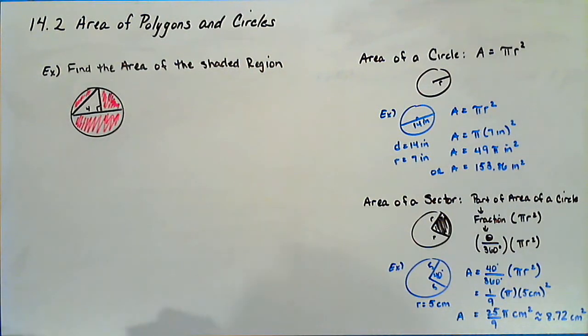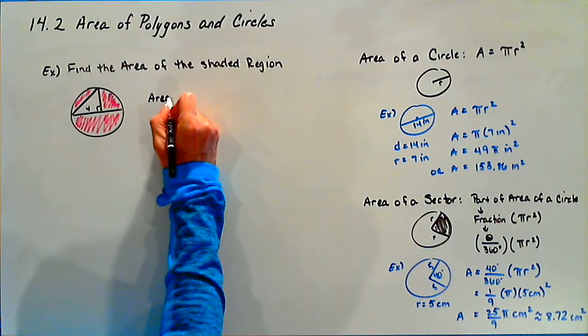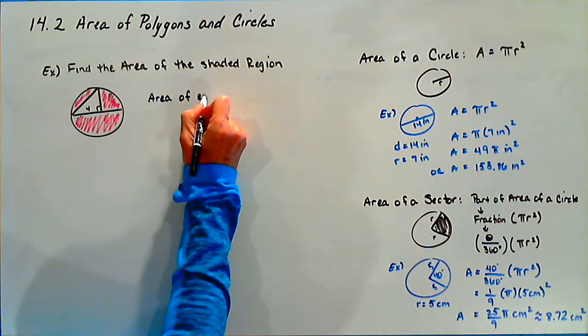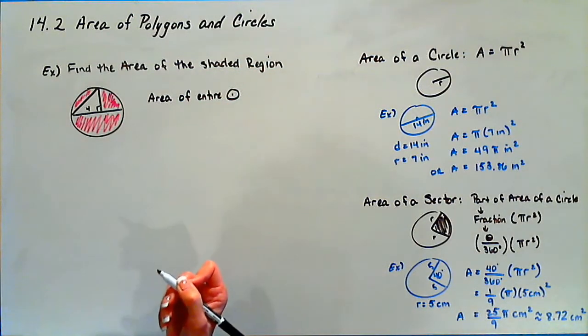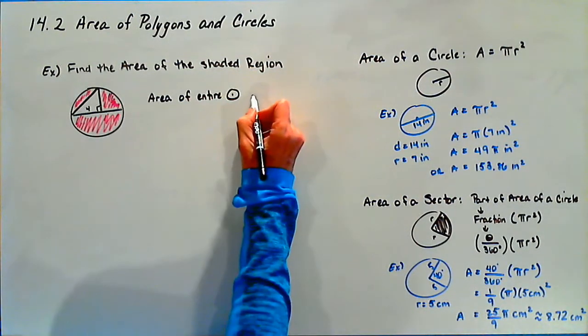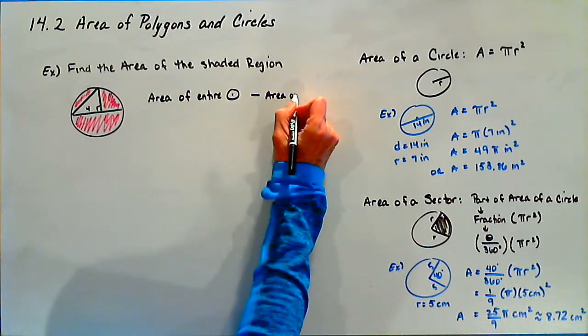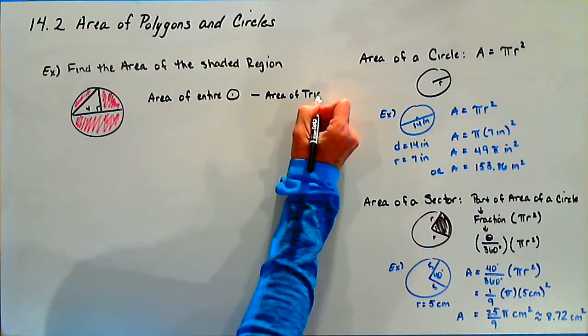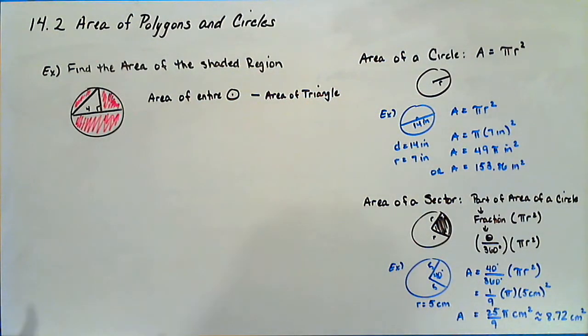So instead, here's what I'm going to think. If I want the area of the shaded part, I'm going to do the area of the entire circle. Okay. Then I'm going to subtract out the area of the triangle.